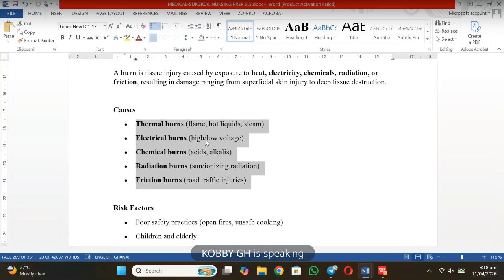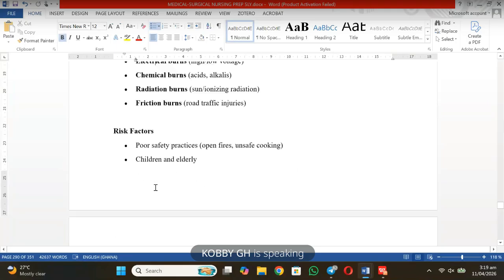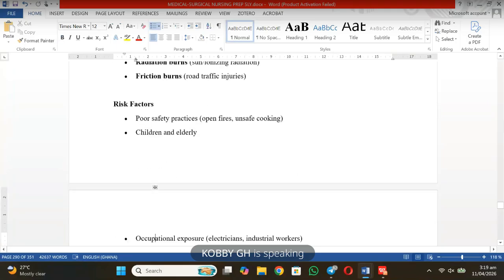If someone experiences a burn just by being exposed to radiation, we call that a radiation burn. So we have thermal, electrical, chemical, radiation, and frictional burns.